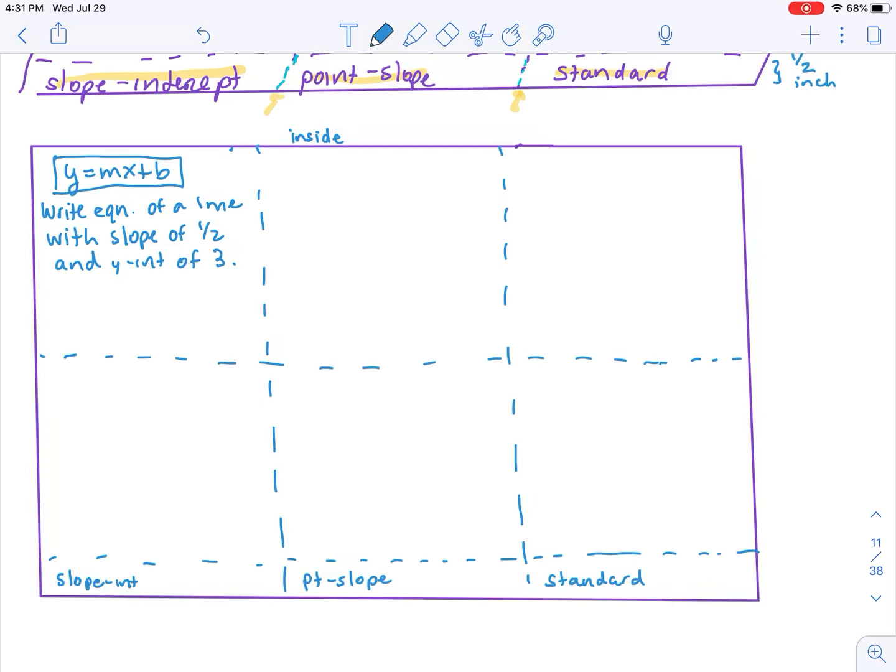So we simply identify that m is 1/2 and that b is 3, and we plug everything in.